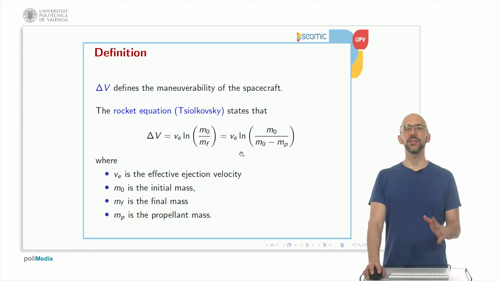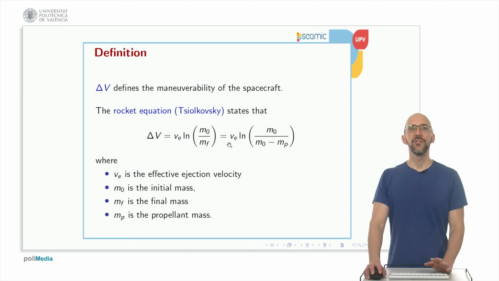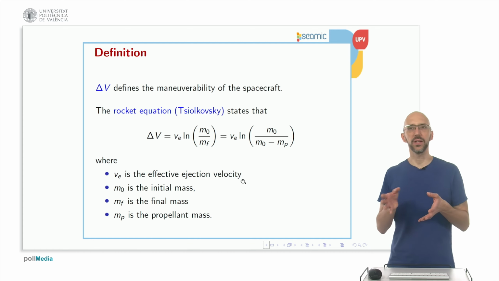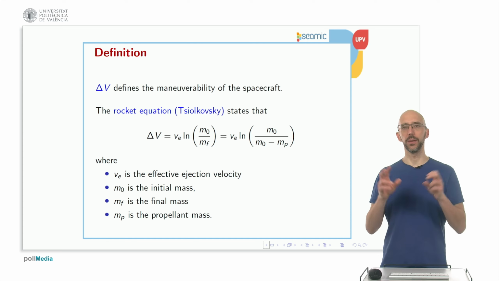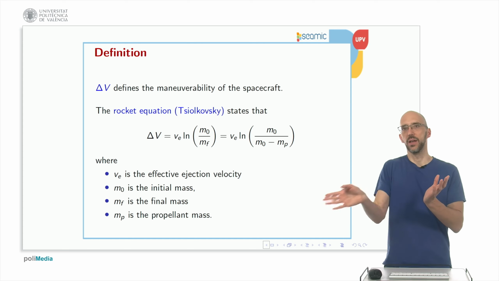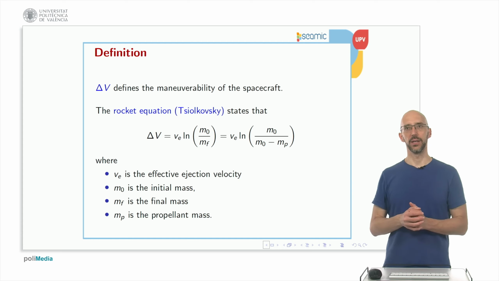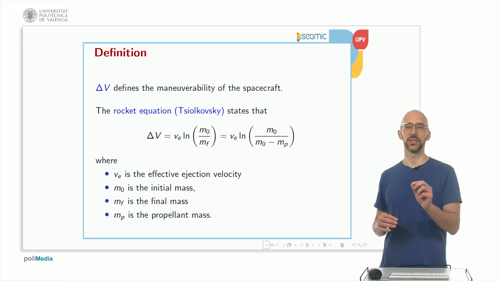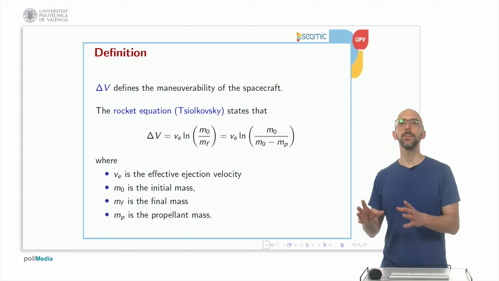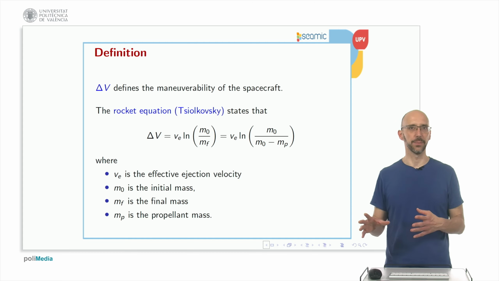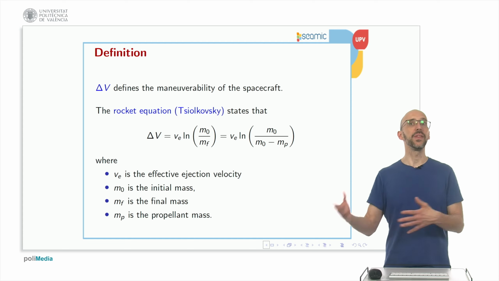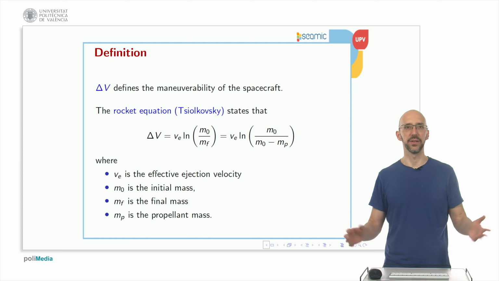This function depends on 3 parameters. The first one is V sub e, what we call the effective ejection velocity. It's the speed at which the rocket launches the propellant. You have a rocket and it's always ejecting something to push the rocket up. It has something to do with the type of rocket. Normally a rocket has a specific effective ejection velocity, and depending on the rocket you use, it has different numbers.